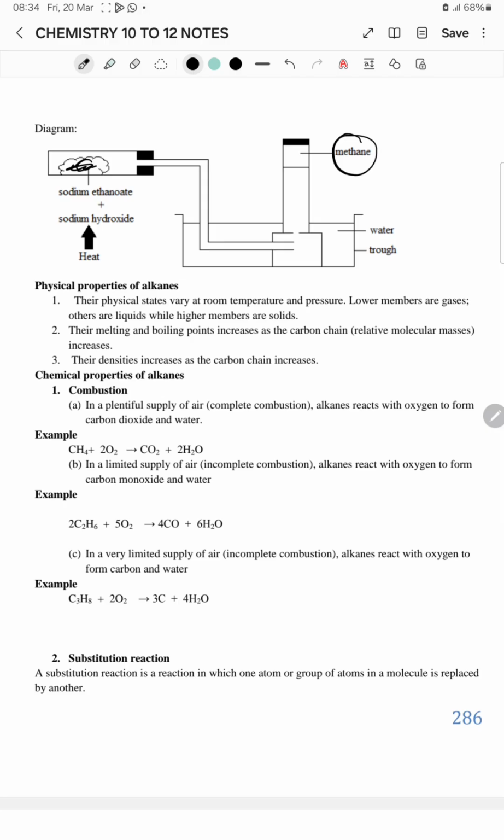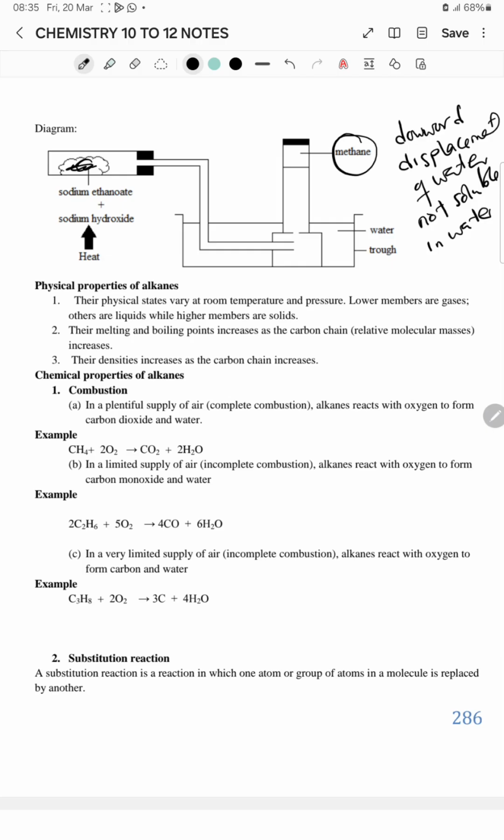Now, when you look at this gas, it is collected using downward displacement of water. Why? It is not soluble in water.